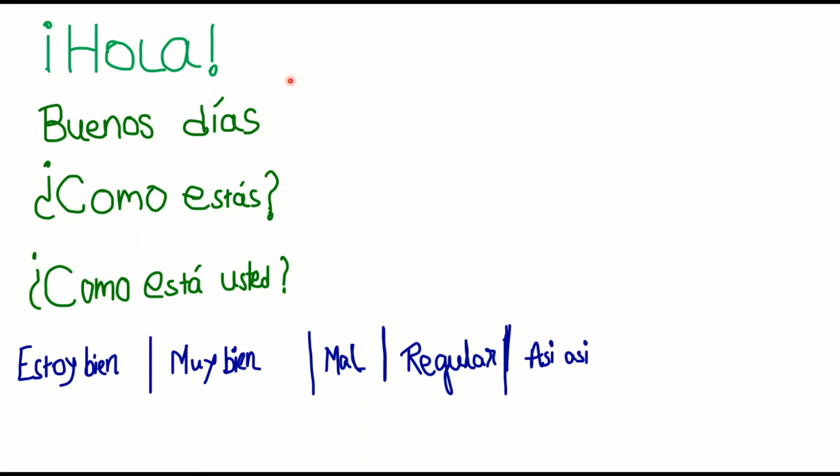But apart from this, there are a couple of other areas or other situations where we use the verb estar and not ser. So let's see which are the areas where the conditions when we use the verb estar.